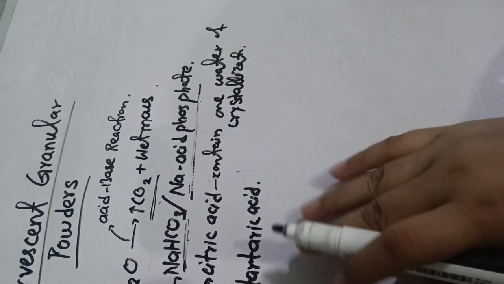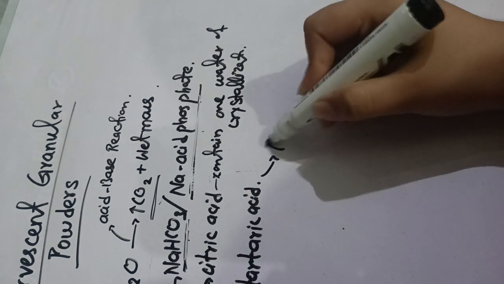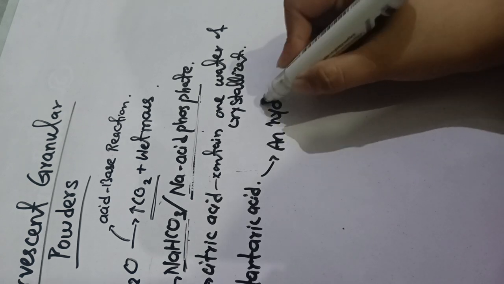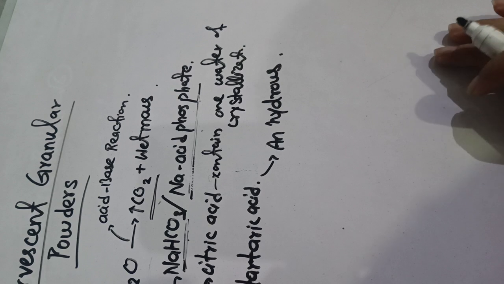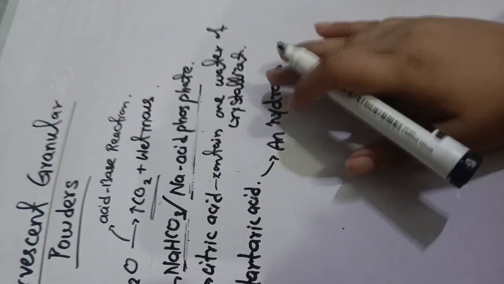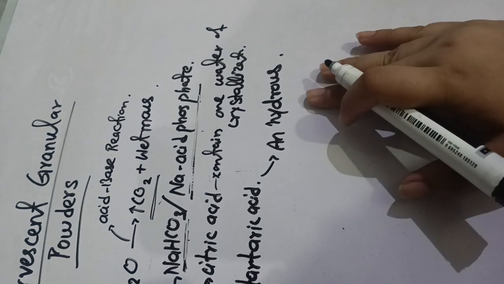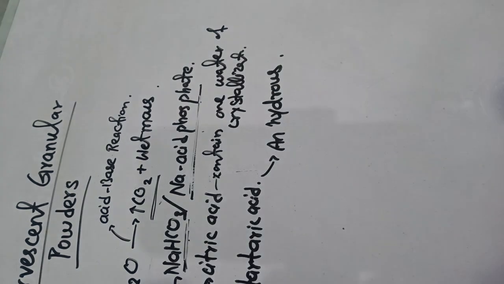And if you look at tartaric acid, tartaric acid is completely anhydrous. Anhydrous means it contains no water in it. So your citric acid contains one water of crystallization, and your tartaric acid is completely anhydrous, having no water molecules. Therefore we need both of these acids.